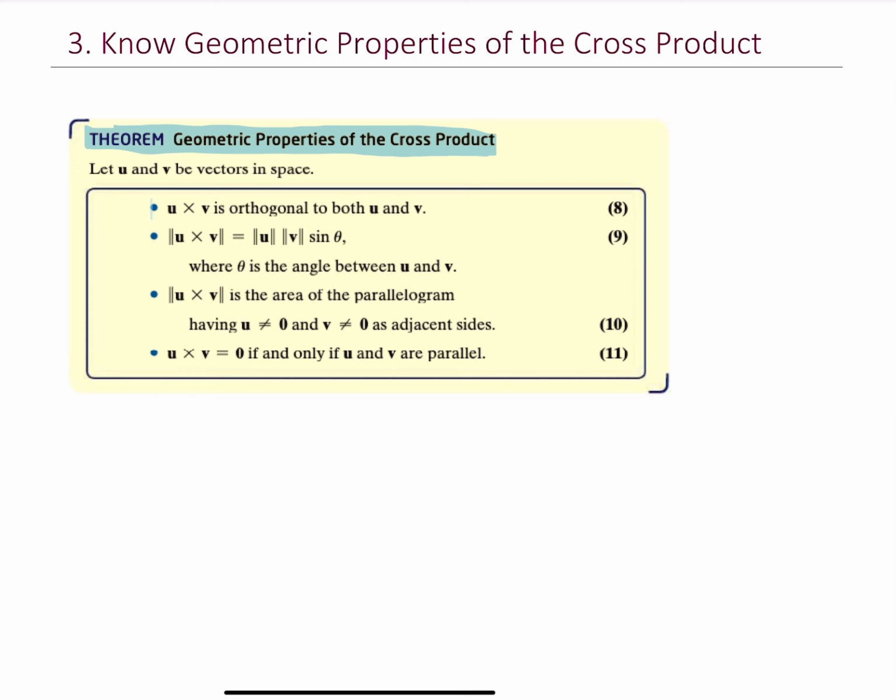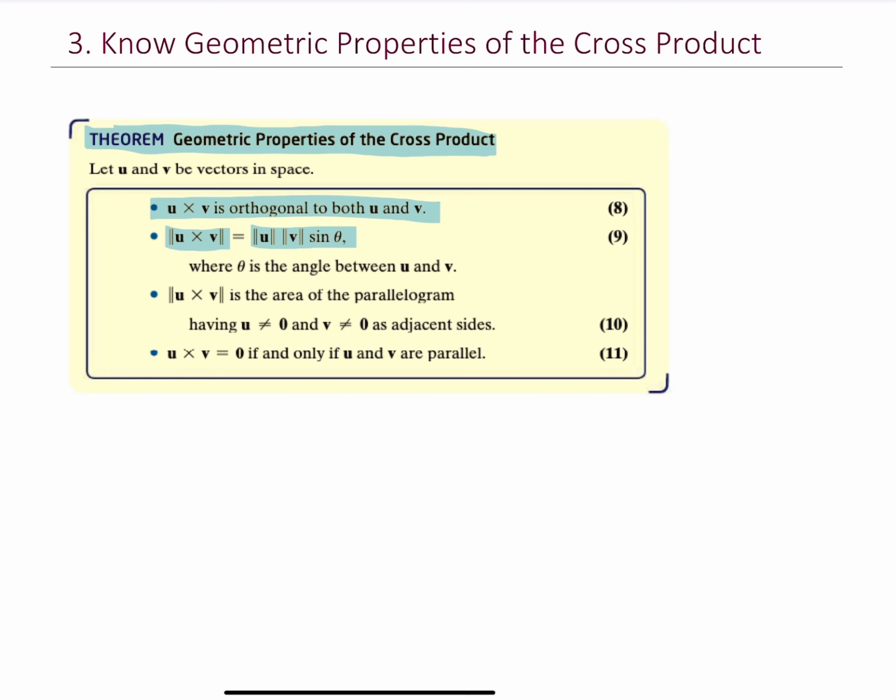That vector happens to be orthogonal to both u and v, meaning that it meets at a right angle with the other two vectors. Our second statement here is that we can describe the magnitude of u cross v as the magnitude of u times the magnitude of v times the sine of theta, where theta is the angle between our two vectors.